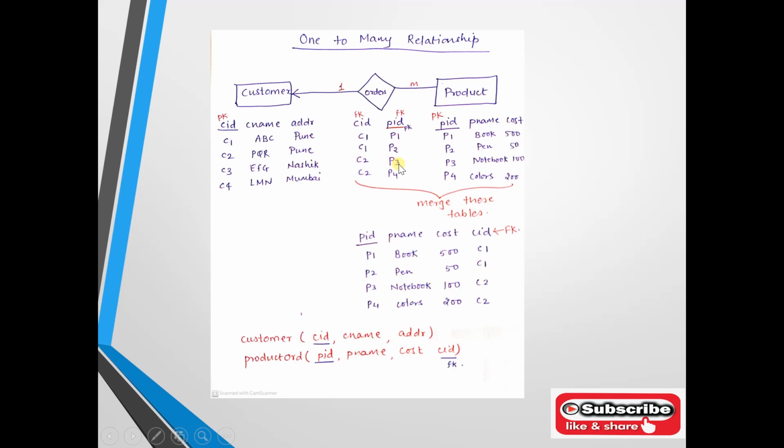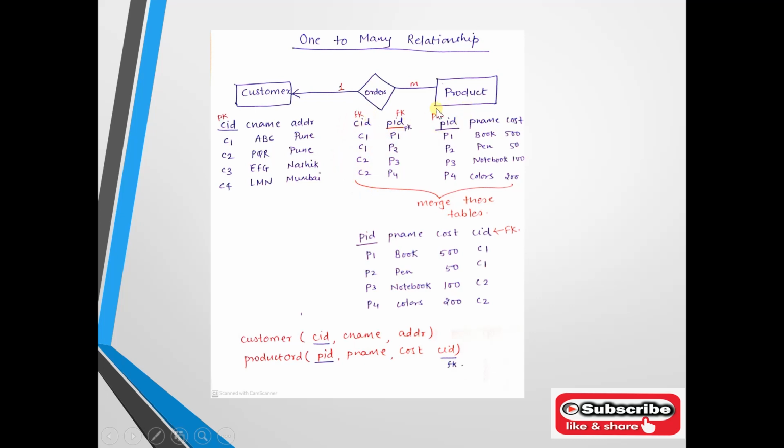C2 is ordering P3 product, C2 is ordering P4 product, notebook and colors. So if you will see this relationship, it contains one to many. One customer is ordering many products. Okay, so when we have this type of relationship, we consider many side's primary key.